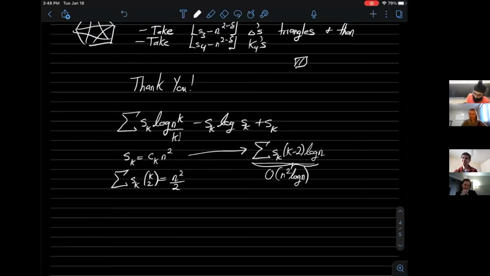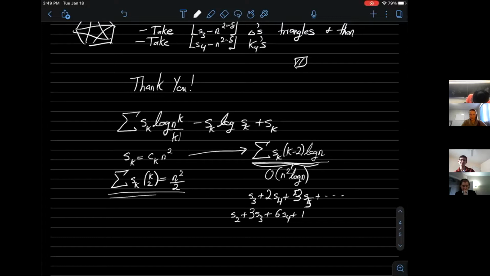You have a linear objective function in terms of a linear constraint. So let me write this out more explicitly. The objective is like S3 plus 2S4 plus 3S5 plus dot dot dot. And the constraint is something like S2 plus 3S3 plus 6S4 plus 10S5.